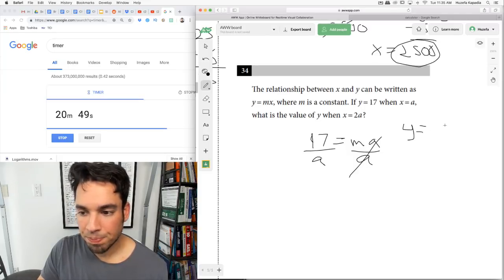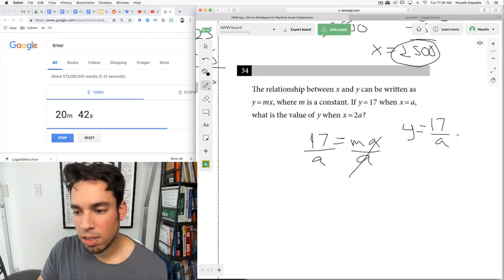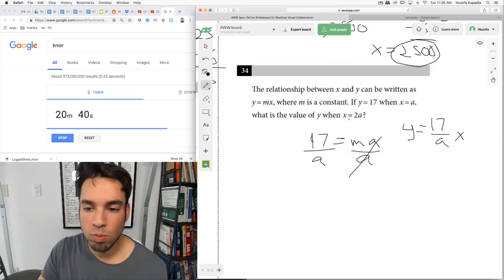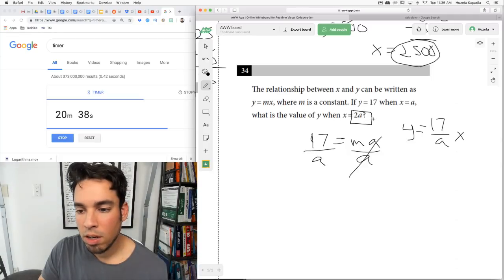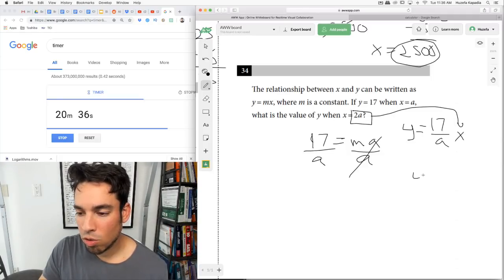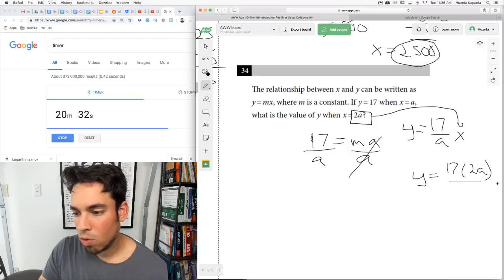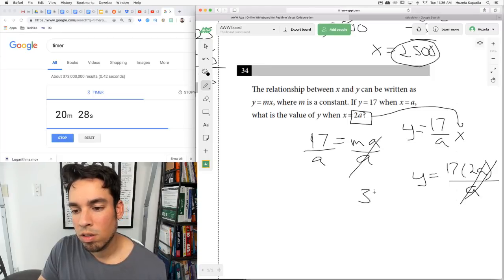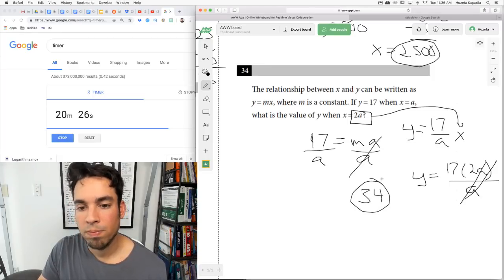So now we can say y equals 17 over a times x. What is the value of y when x equals 2a? So now let's plug that in. So it's y equals 17 times 2a over a. The a's cancel out. 17 times 2 is 34.